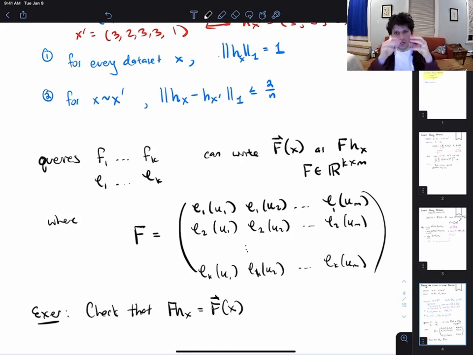So each person's data is a string of length 30 of zeros and ones. So to represent that data set, I have 100 people times 30 bits. So that's 3,000 bits to represent the data set. So like a very small data set.